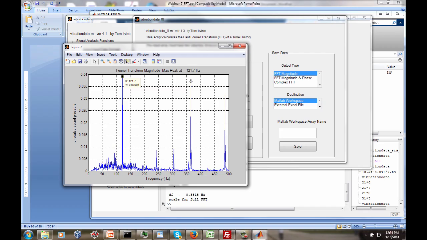What's this one out here? 365.4 hertz. What about this one out here? Create a new data tip. 487 hertz. Well, what about some of these others? Let's see. What about this one right here? Create new data tip.